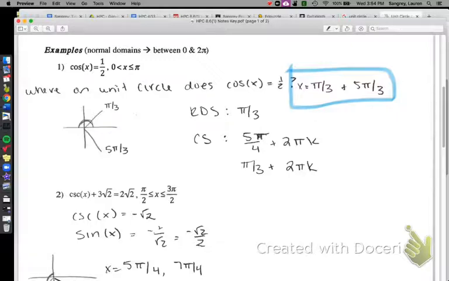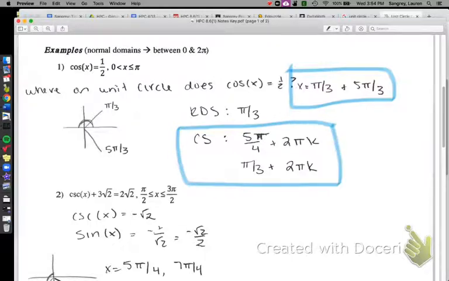So what I want you to notice is that those two values are not diagonally across from each other on the unit circle. That's your big hint. So for your complete solution, you're going to be adding 2 pi k to each of those values, and that represents all the rotations, all the possible solutions for this equation.